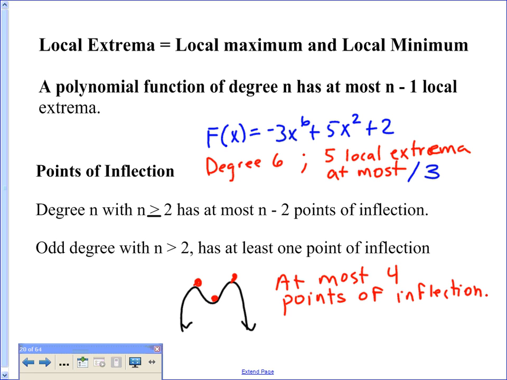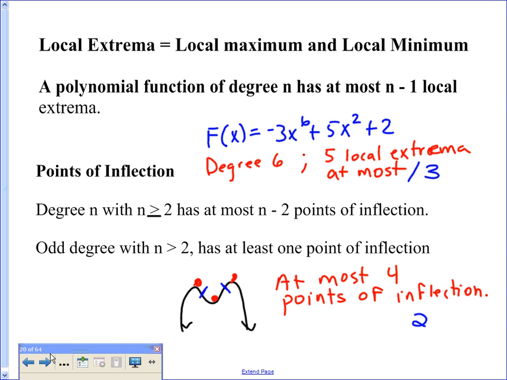And then when you look at the point of inflections, well, your point of inflections are going to occur there and there. So it's going to have 2 of those, which is, like I said, 1 less than the number of local extrema. So you can use your degree to find the maximum number of local extrema and the maximum number of points of inflection. But you would actually have to go further to find exactly what's happening there.